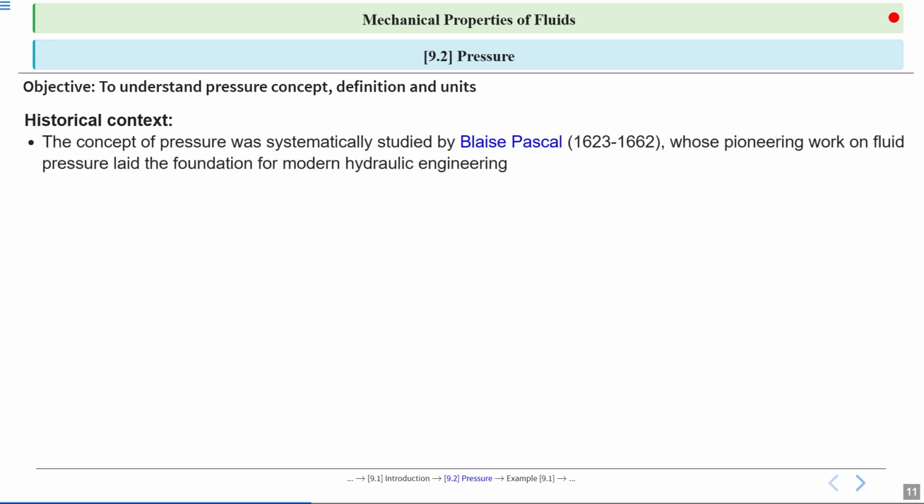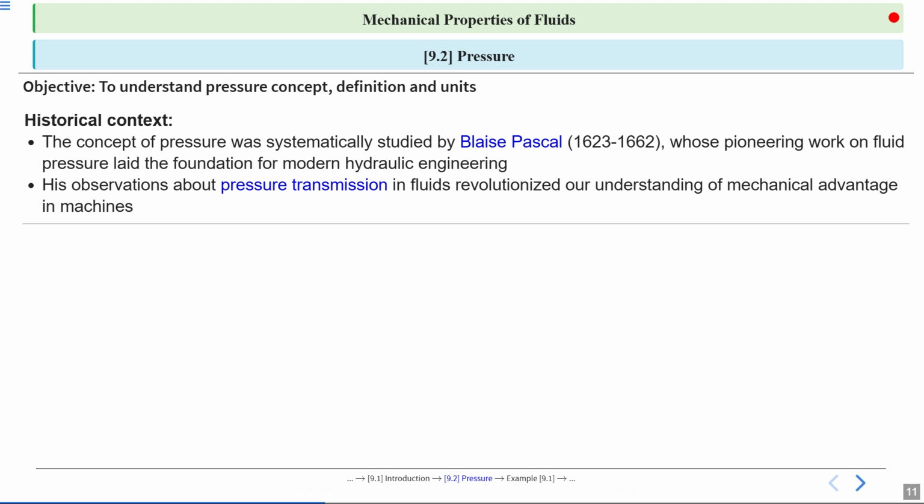The concept of pressure was systematically studied by Pascal, 1623 to 1662, whose pioneering work on fluid pressure laid the foundation for modern hydraulic engineering. His observations about pressure transmission in fluids revolutionized our understanding of mechanical advantages in machines.